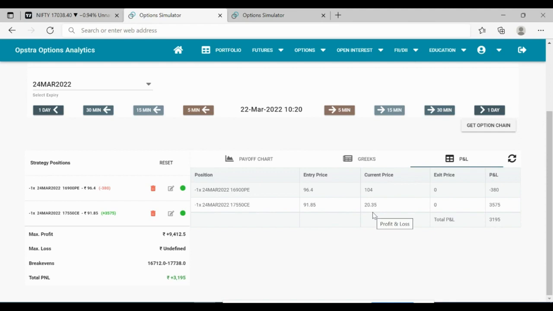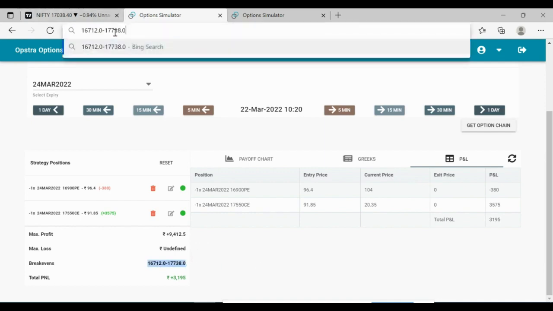Majority of the traders exit the call by booking this profit, and then sell one more call close to the put premium. Before that, friends, let me tell you, before doing the adjustments this was the original range.